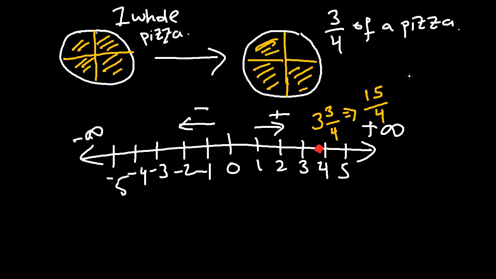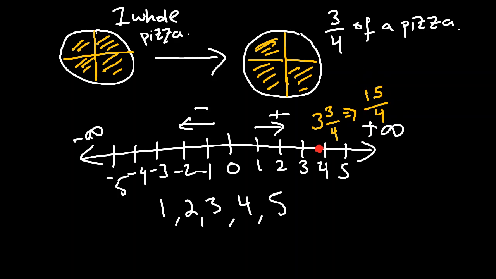Well, they're not integers, right? 3/4 and 15/4, these numbers are not integers, in the sense like 1, 2, 3, 4, 5, right?